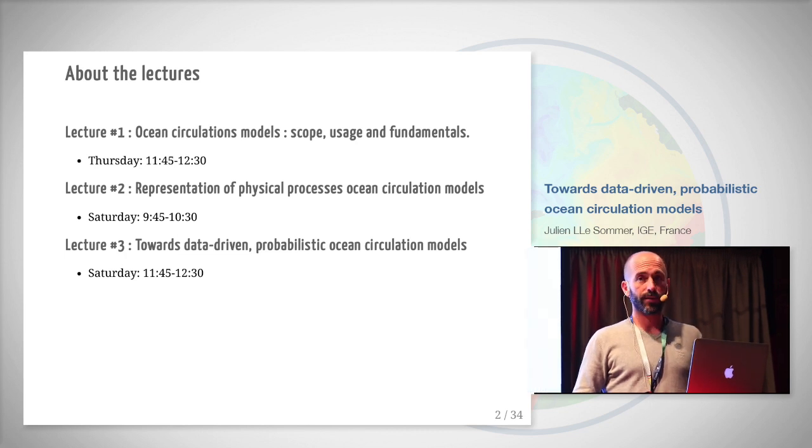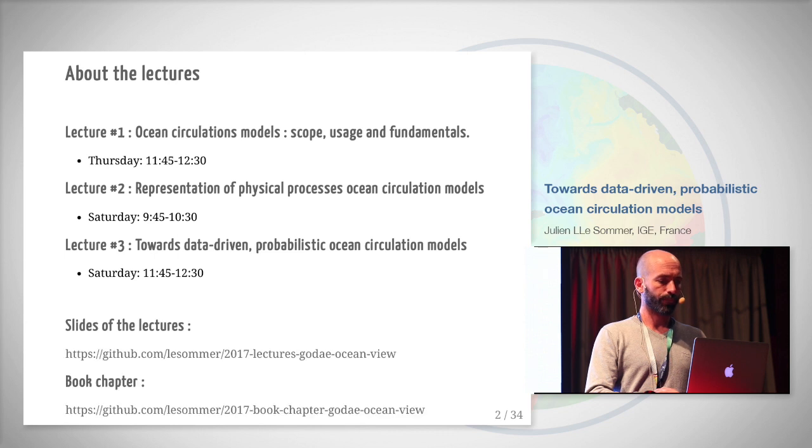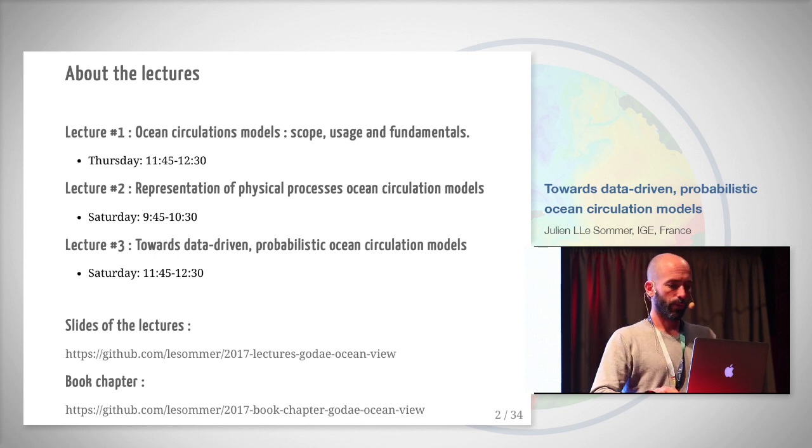But this awareness is probably not shared at the same level in a broader community of ocean modelers. So I think it's interesting to let you know how the way people consider ocean models is gradually changing, and this is certainly something that comes from the interaction with operational applications.